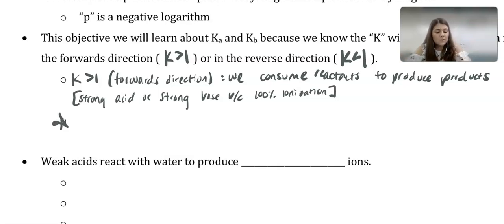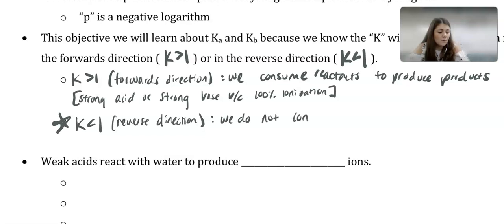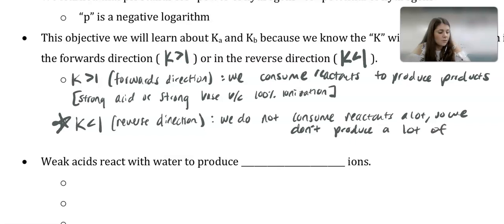Now this objective 8.3 talks about Ks that are less than 1. This is favorable in the reverse direction, where we do not consume reactants, or you can say we don't consume reactants a lot, so we don't produce a lot of products.